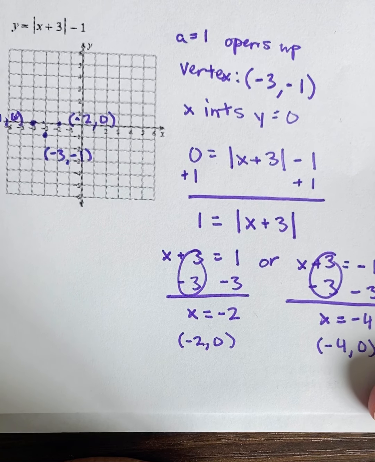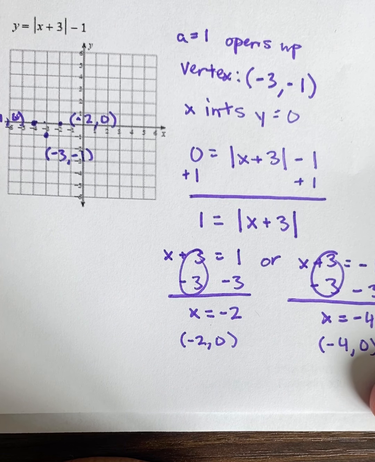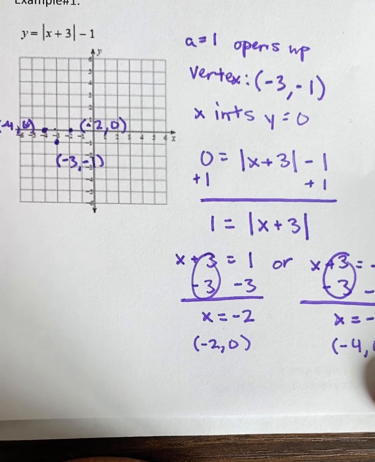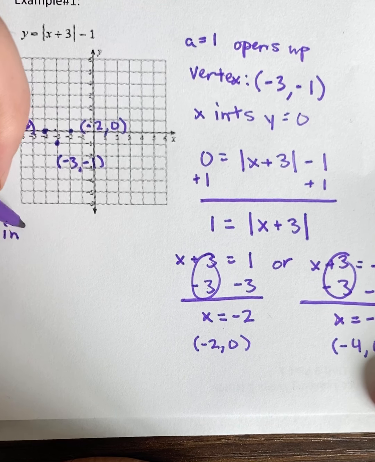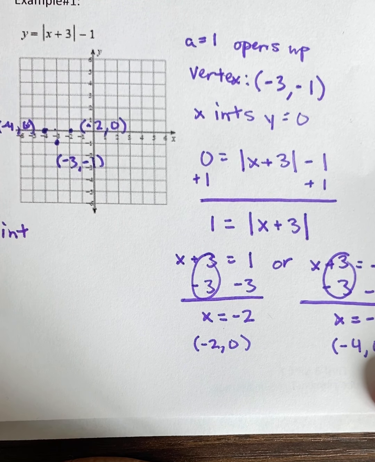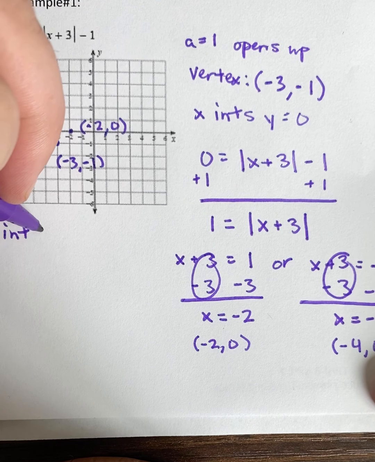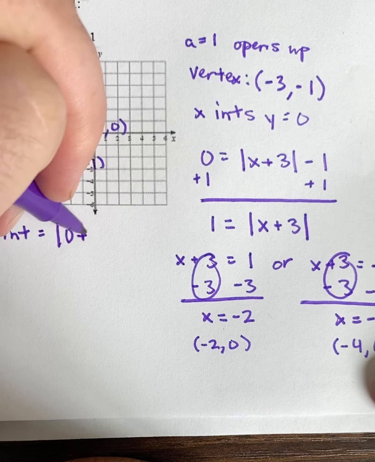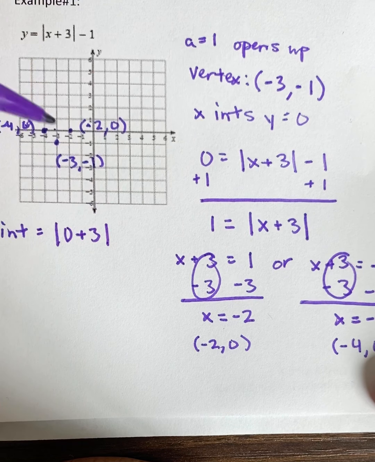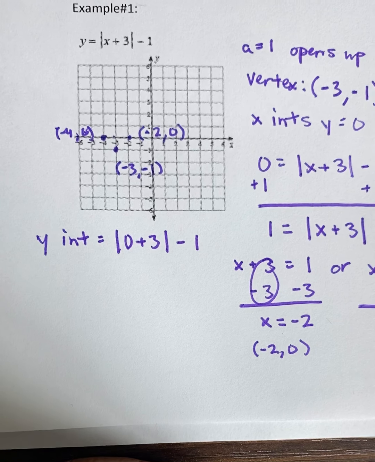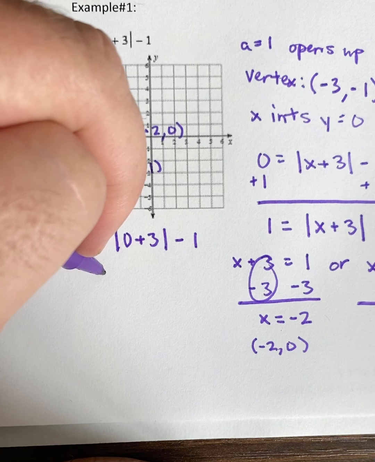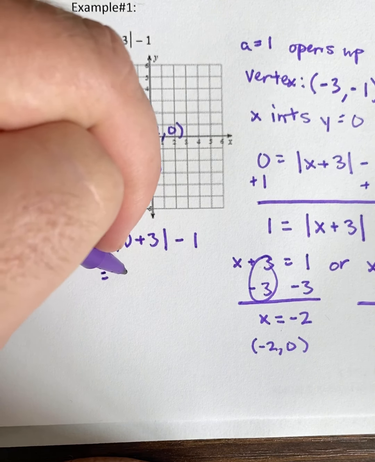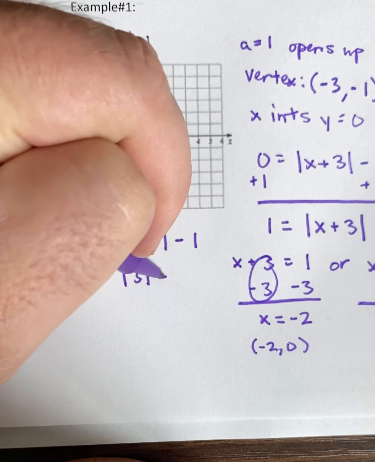Again, we need to solve for the y-intercept. That's when we make x equal to 0. So it's going to be the absolute value of 0 plus 3 minus 1. So it's the absolute value of 3 minus 1.